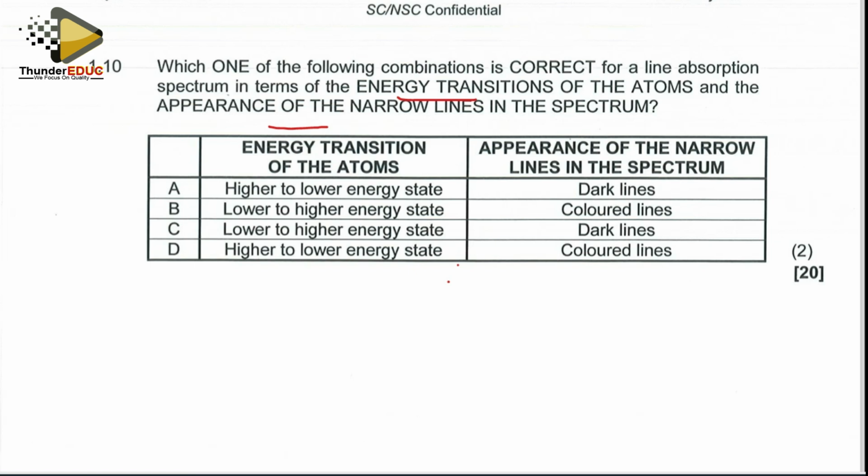Okay, so option A is out, that is moving from higher to lower, that is when they lose. That will be like emission. So this one is also out. So I'm going to focus on B and C, where there is lower to higher. Okay, and then what is the appearance of the narrow lines within that? Are they going to be colored or are they going to be dark lines? Correct option is C. They are going to be dark lines. Okay, they can be of different sizes, but they will be dark lines. So that is how question 1 would be answered.